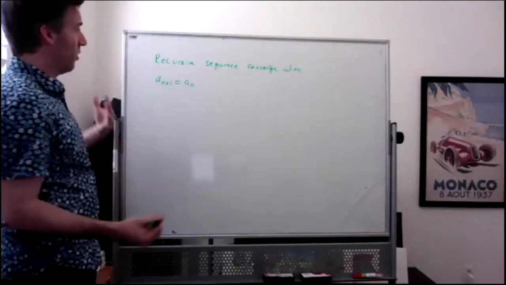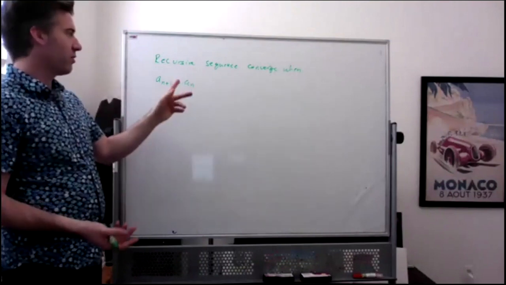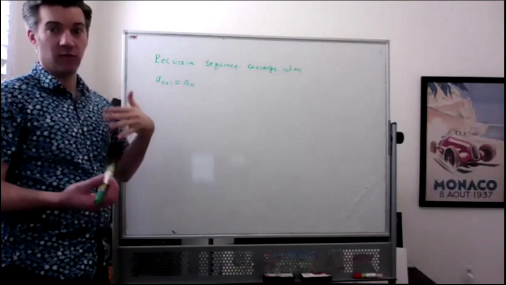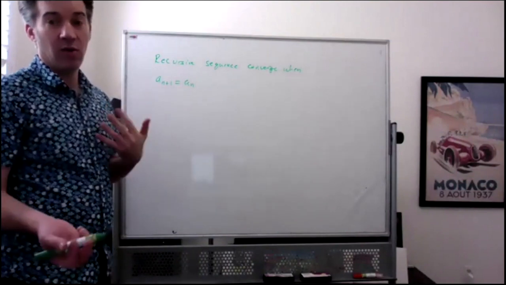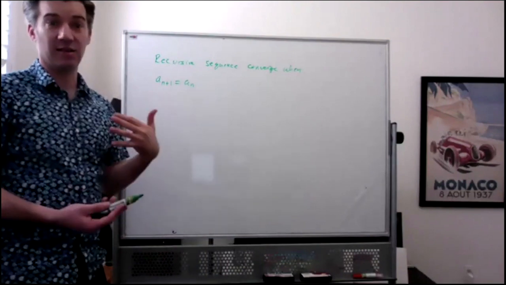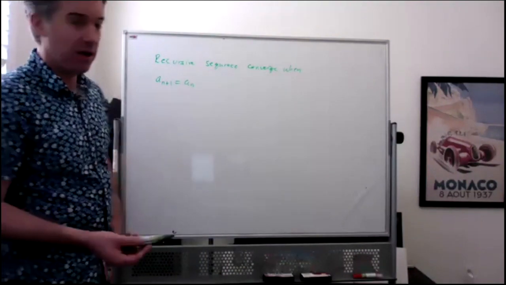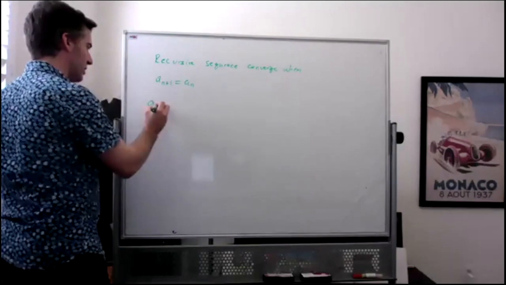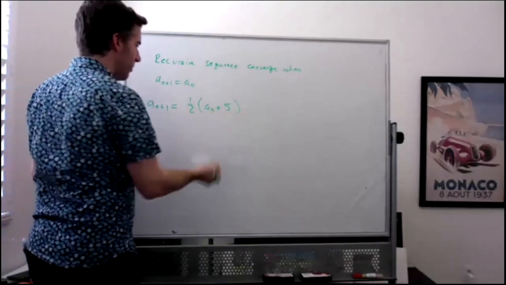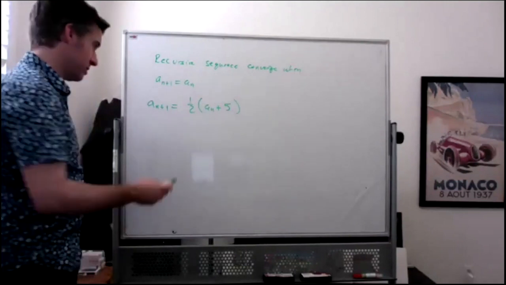Anyway, sorry. So recursive sequences converge when the next term is equal to the previous term, because if you plug in a number, you get back the number. We can see with that idea that 5 is a possible limit here. If I take my sequence and plug in 5, what happens?